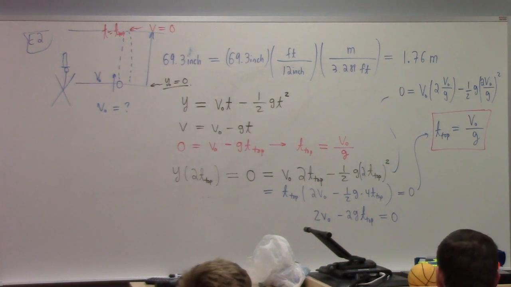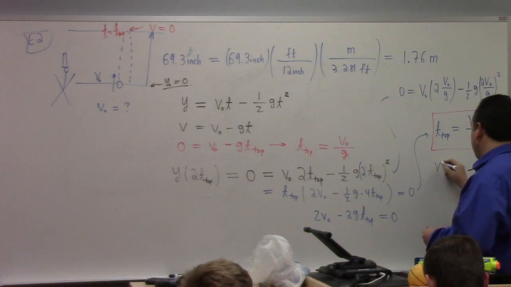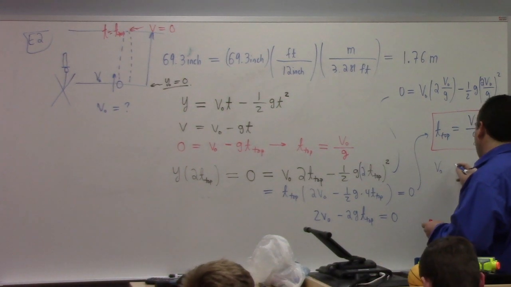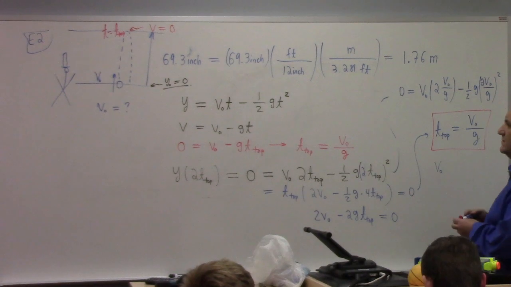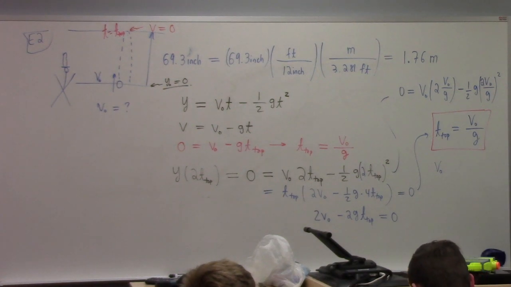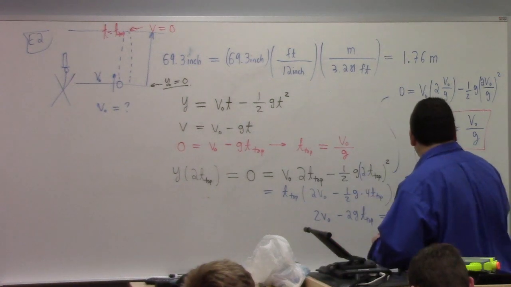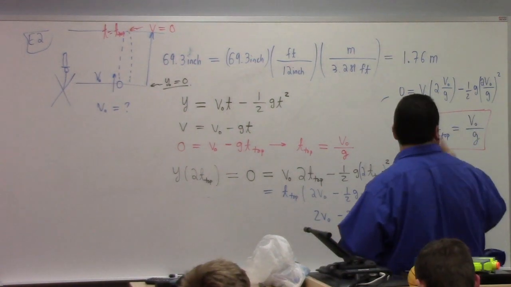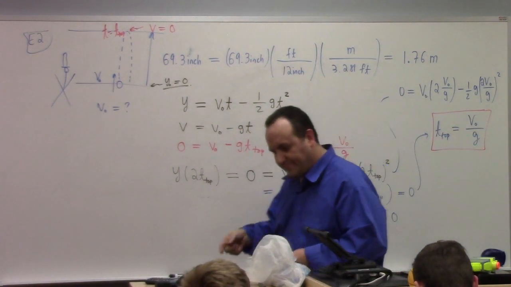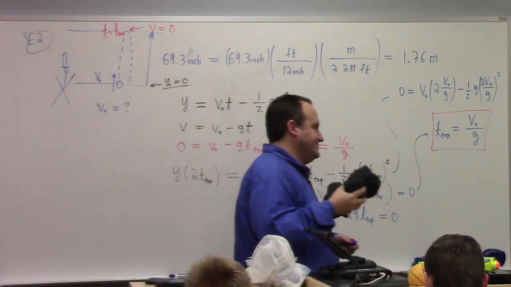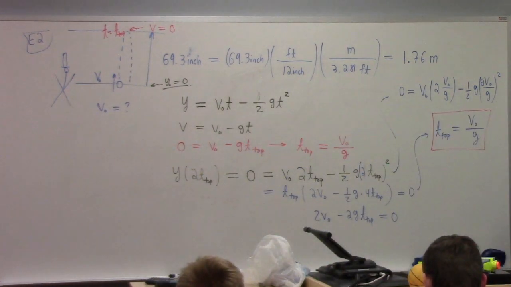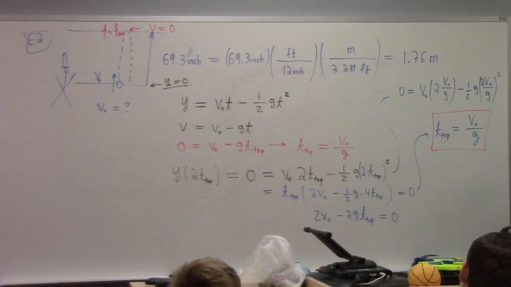Now what's the initial speed? So v naught is equal to what? Oh man, I'm sorry. I've lost track of, just a minute. We haven't yet used the 1.76 meters, have we?